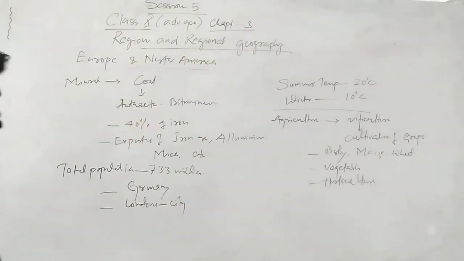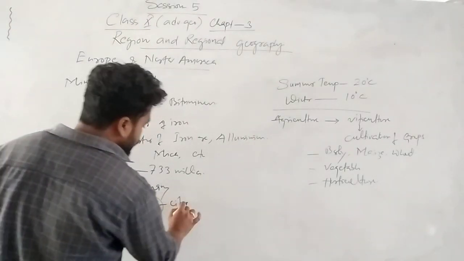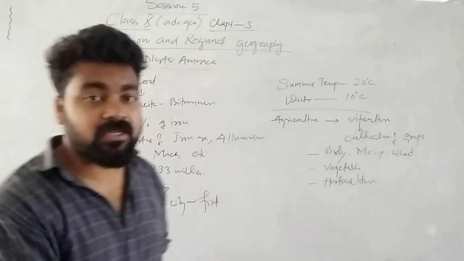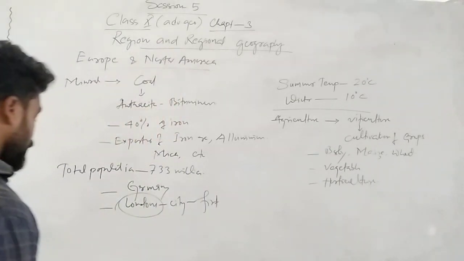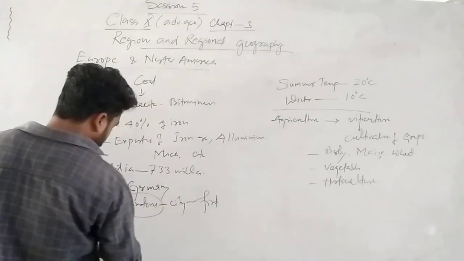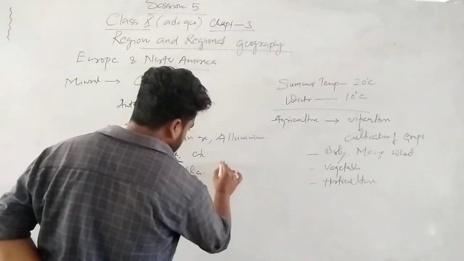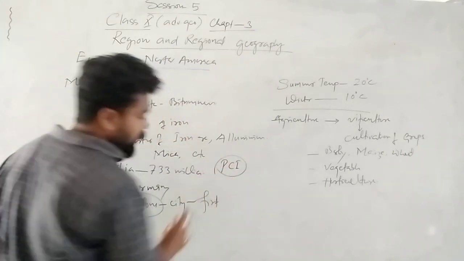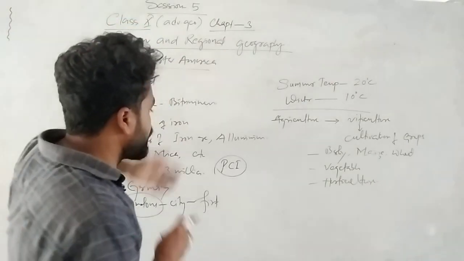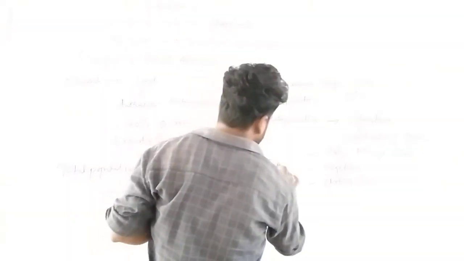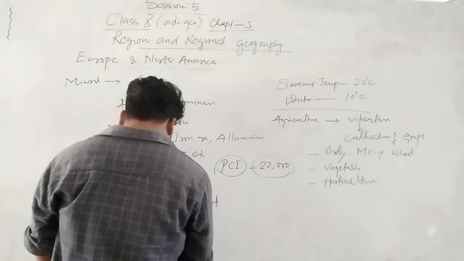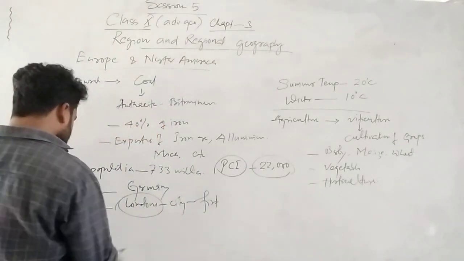And we know London is the first city in the world. If the question comes, which is the first city in the world, then we can talk about London. And again, let's see their total per capita income. PCI, per capita income, including all the countries of Europe, is 22,000.